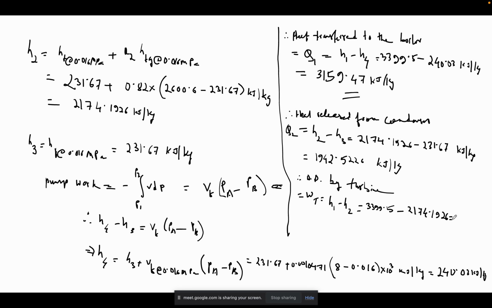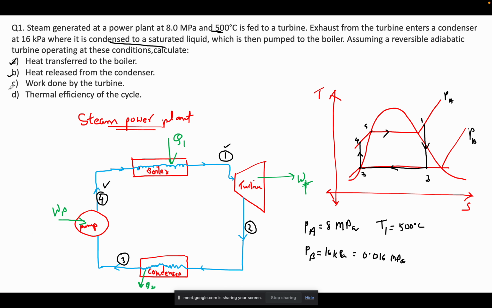So 3399.5 minus 2174.1926, this is 1225.307 kilojoule per kg.